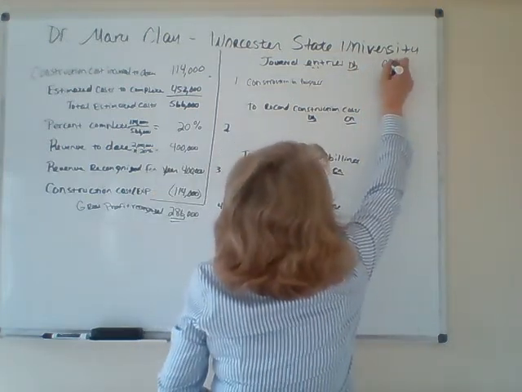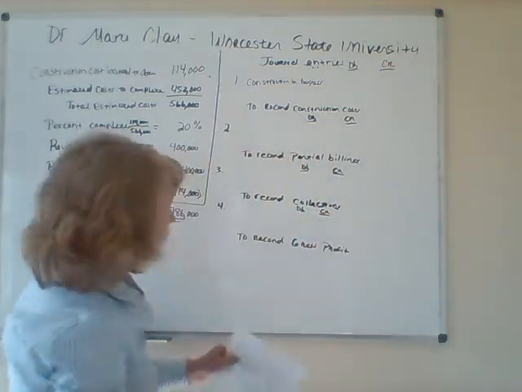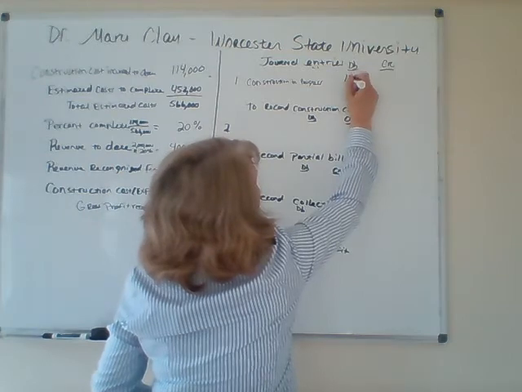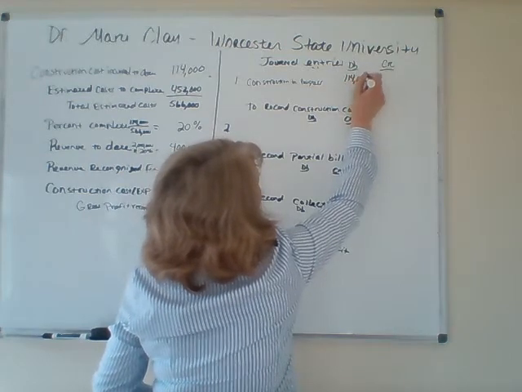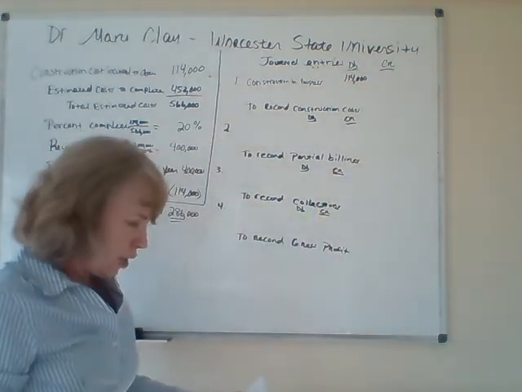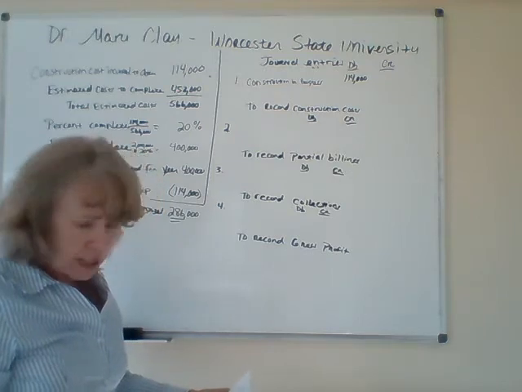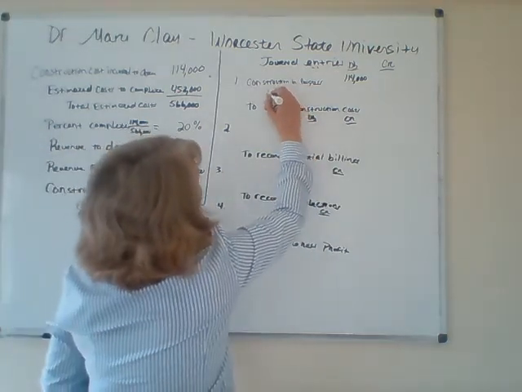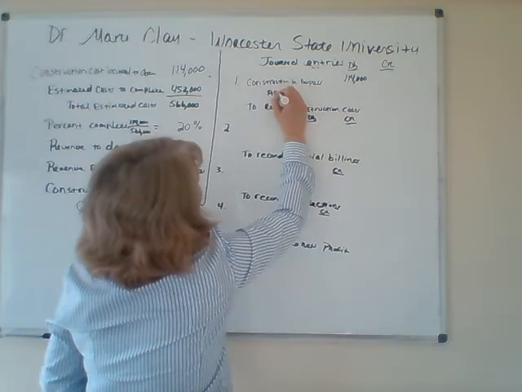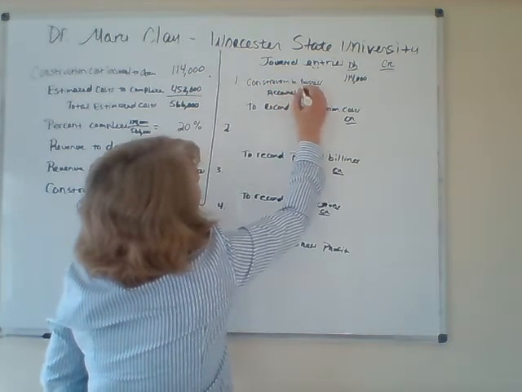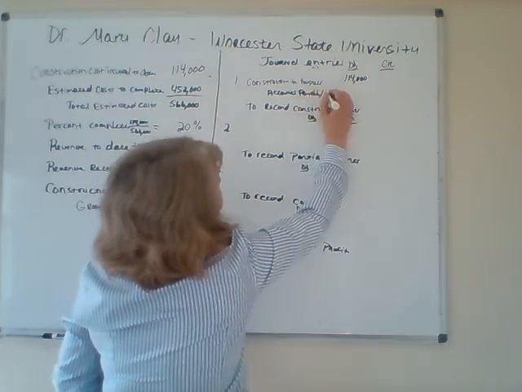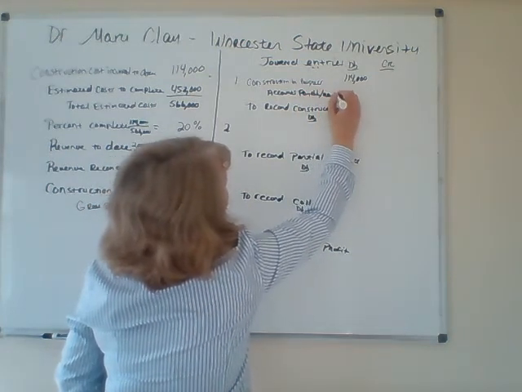All right, so debit, credit. Okay, so construction in progress. We're going to put 114,000. So when you work in the software, you call it construction in progress. And then you're going to credit accounts payable, or it could be raw materials or something like that.